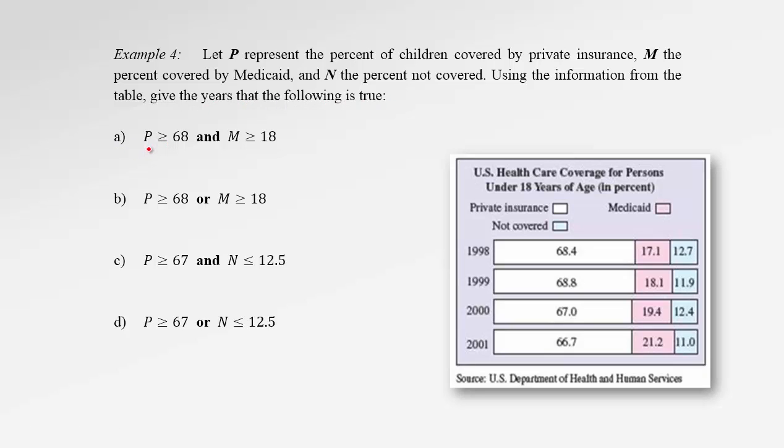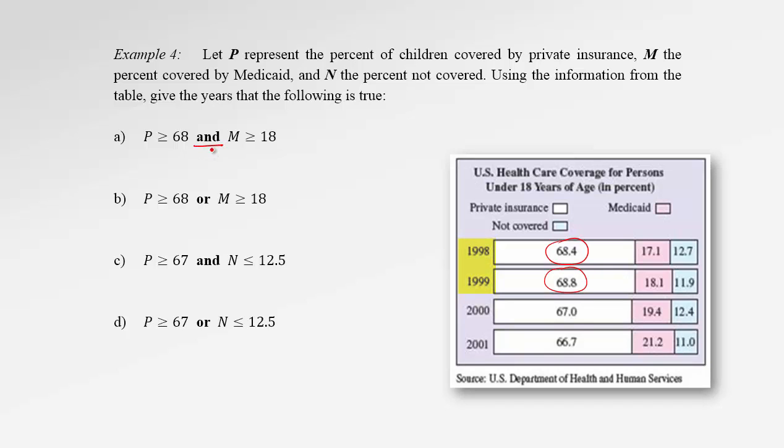Okay, question A calls for private insurance P being bigger or equal than 68. So let's mark which years are actually solutions to this inequality. Bigger equals 68, that's this one, and that's all. Therefore, solutions to the first inequality would be just these 2 years, 1998 and 1999.